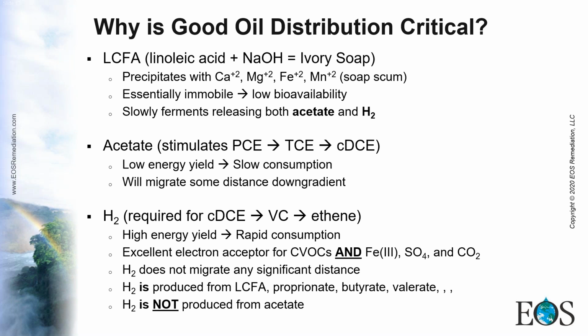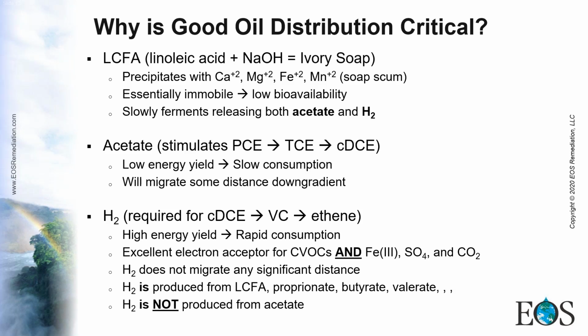So that long-chain fatty acid is, for all intents and purposes, not bioavailable once it's precipitated. I'm focusing here on calcium and magnesium, but you can also make soap scum from dissolved iron or dissolved manganese. Once we precipitate it out, it has very low bioavailability and is not really going to drive reductive dechlorination.